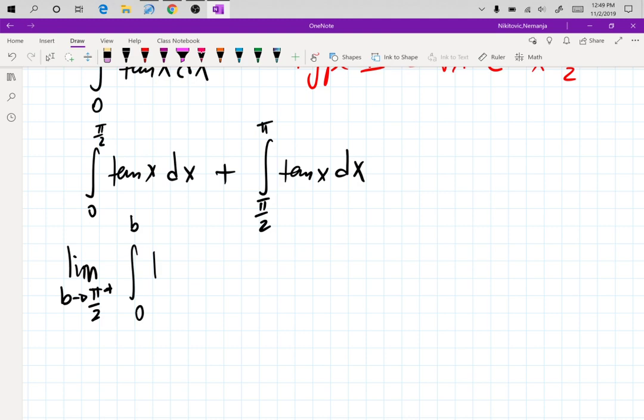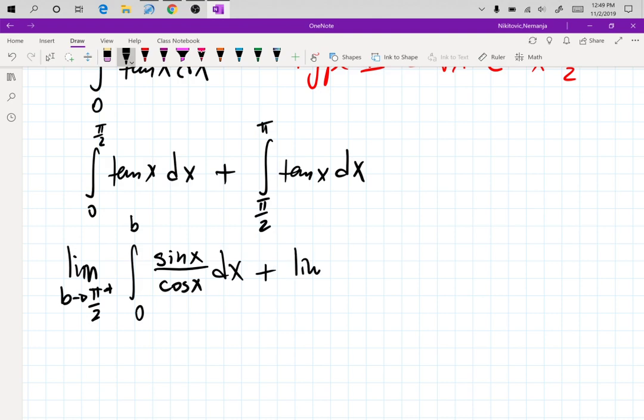We use sine over cosine here because that's how we integrate tangent. Unless you memorize the integral of tangent, it's not a basic integral. Absolute value secant. Yes, ln of the absolute value of secant, yes.